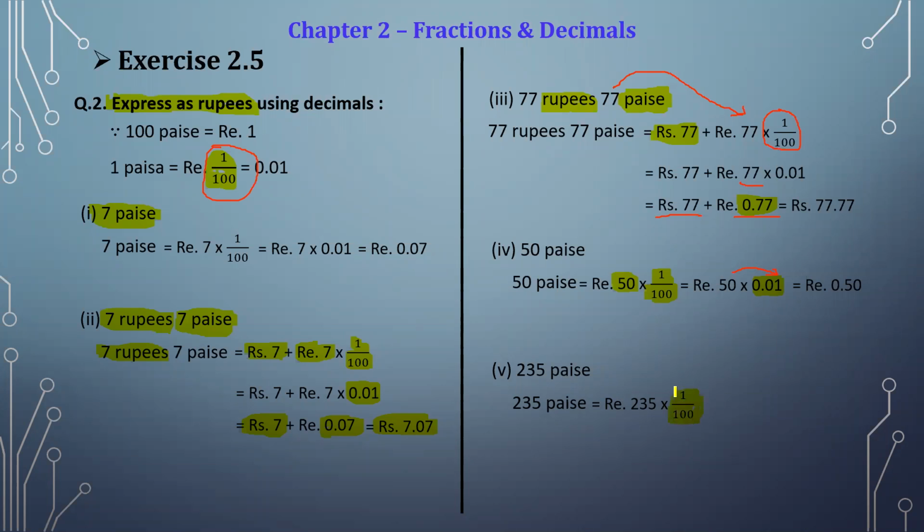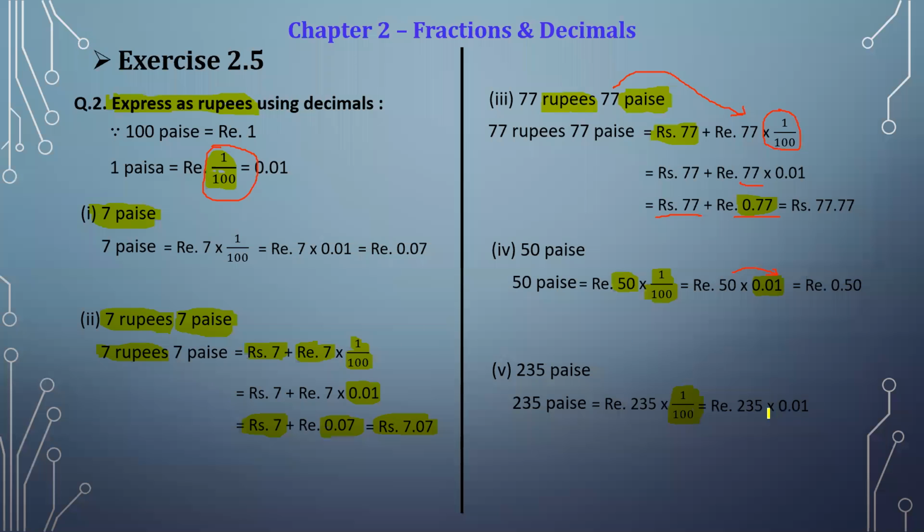So the next step is Rs 235 into 1 upon 100. Again we can replace 1 upon 100 with 0.01, so we get Rs 235 into 0.01.